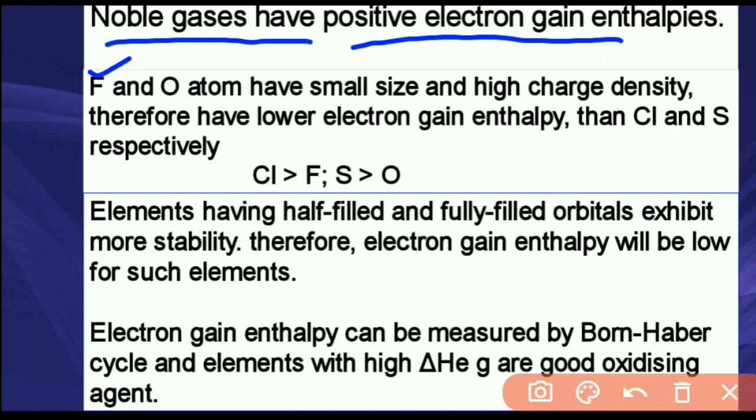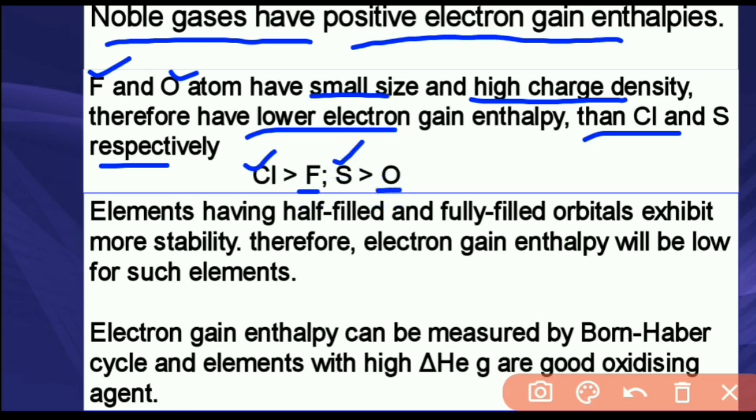Next, fluorine and oxygen atoms have a small size and high charge density. Therefore, due to interelectronic repulsion, they have lower electron gain enthalpy as compared to chlorine and sulfur respectively. So chlorine has higher electron gain enthalpy as compared to fluorine, and sulfur has higher electron gain enthalpy as compared to oxygen.